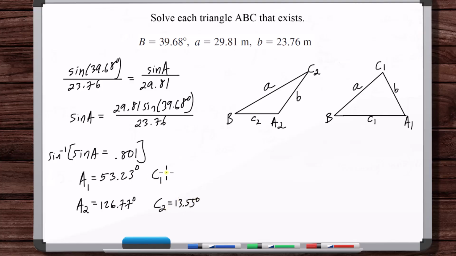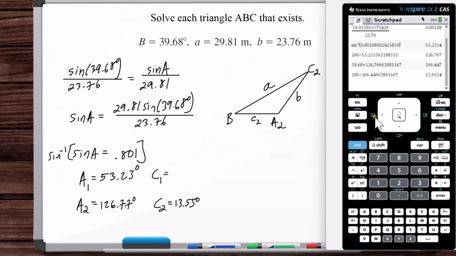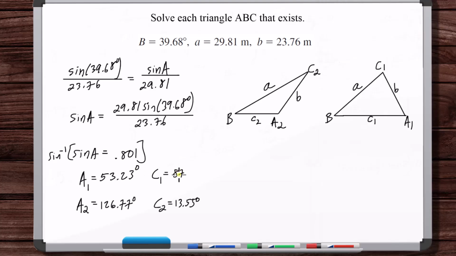Now angle C1 is, we take this plus 39.68, and then 180 minus that, 87.09. Now we just need these two side lengths.